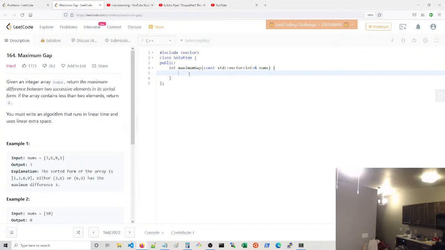Well, they actually said you could do this with linear extra space. You might be able to use a DP solution of some kind. I don't know. All I could think of is quadratic time.